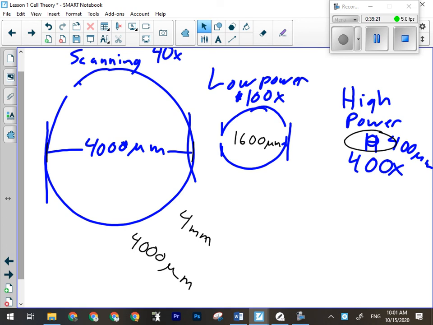Do I want to look for him using binoculars or a telescope, or do I want to first scan the other side for something yellow with my eyes? If I just have a telescope, I'm looking at each individual person on that side, thousands of people one at a time, in order to find my buddy. That's not realistic. I want to look for something yellow and then go, all right, now I know where to look, and focus in with something bigger. Sort of make sense? That's what we're doing. We always start scanning that way.